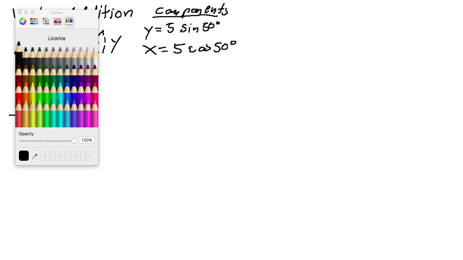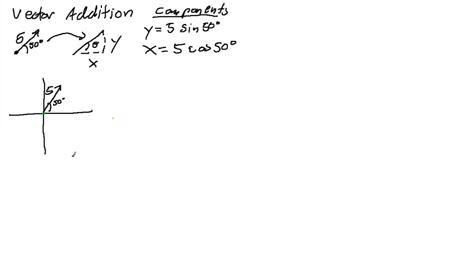Some technical difficulties, I apologize. Now, let's say vector number 2 is coming at an angle of 25 degrees with a magnitude of 10.